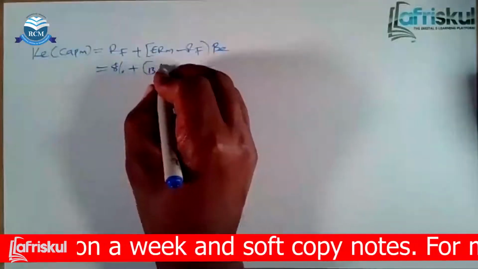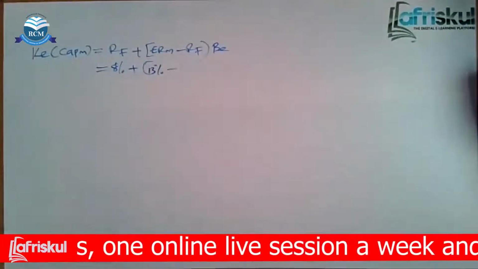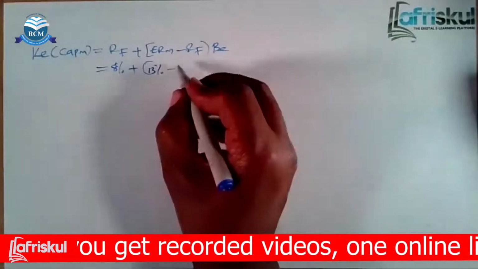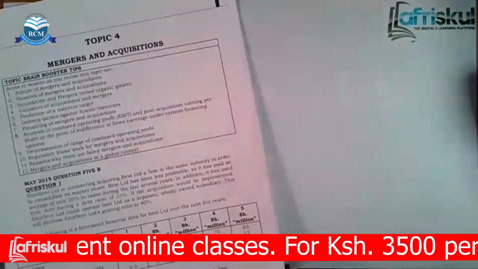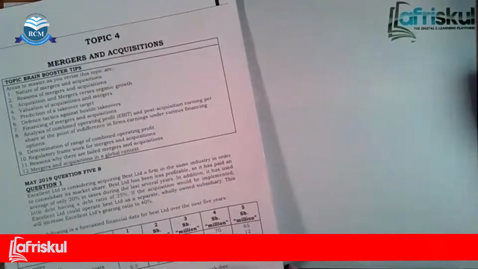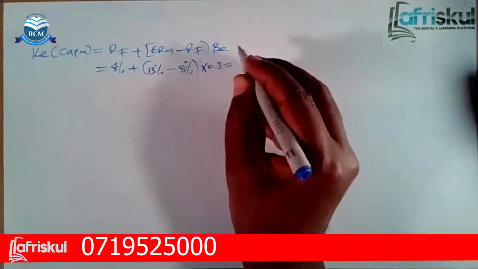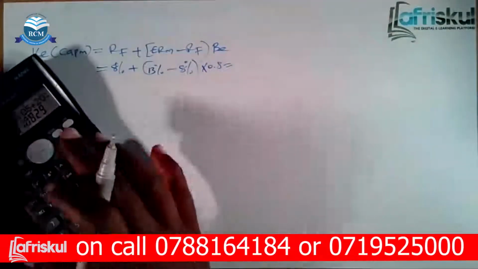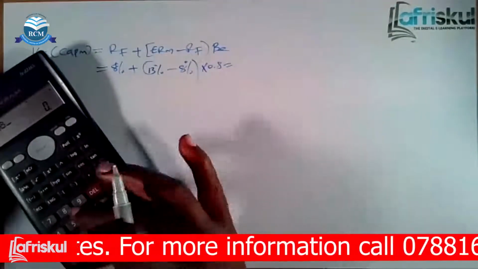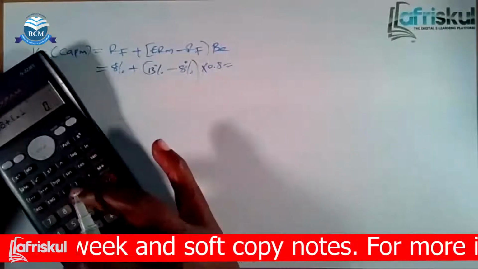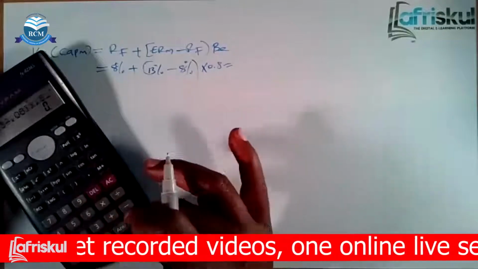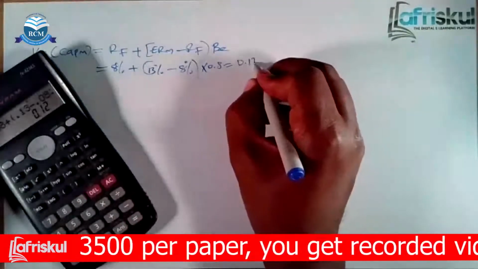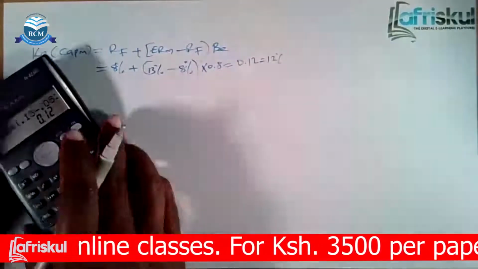Minus the risk-free rate of return, which is 8%, times beta equity. Beta equity has been given here as 0.8. So this will be 0.08 plus, in brackets, 0.13 minus 0.08, times 0.8, which gives us 0.12, which is the same as 12%.